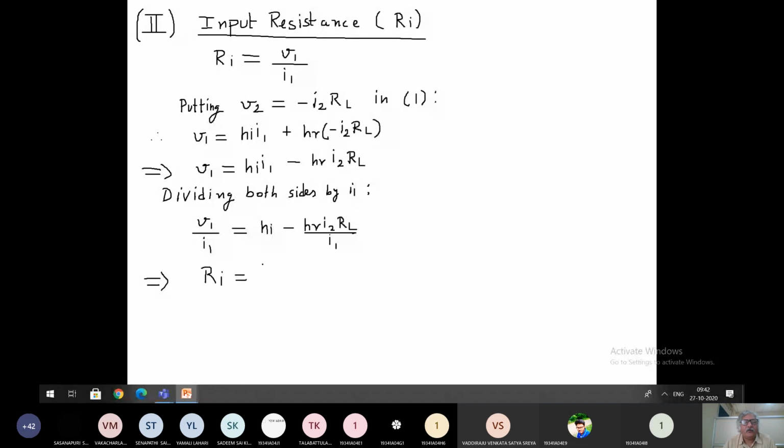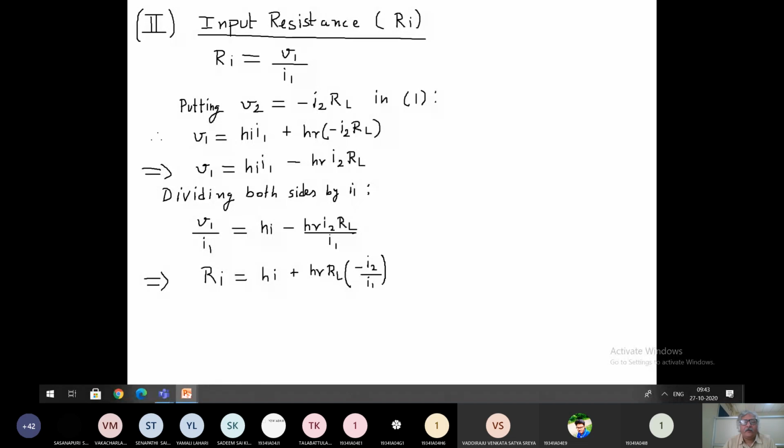So now it implies that V1 by I1, we can write it as input resistance Ri, and this is equal to HI, then I can write here plus HR RL, and inside bracket I can write minus I2 by I1.